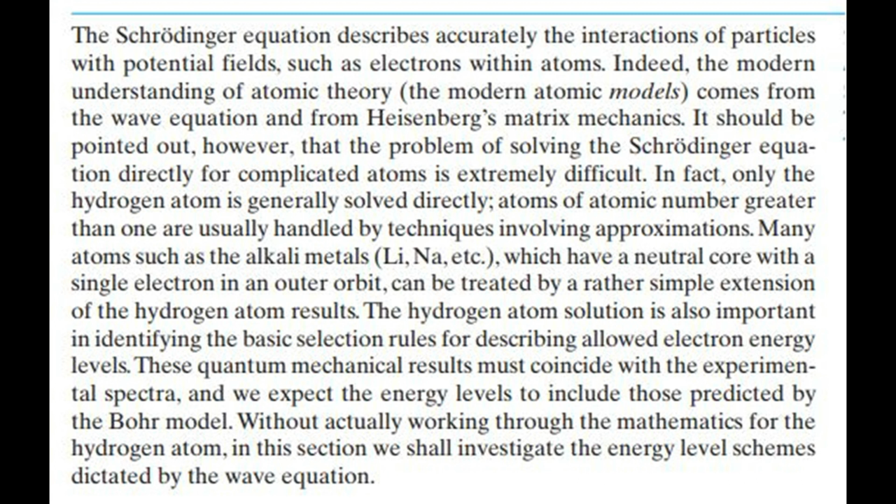In fact, only the hydrogen atom is generally solved directly. Atoms of atomic number greater than 1 are usually handled by techniques involving approximations. Many atoms, such as the alkali metals, Li, Na, etc., which have a neutral core with a single electron in an outer orbit, can be treated by a rather simple extension of the hydrogen atom results.